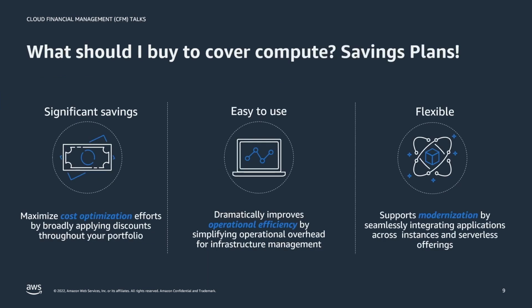So the natural question that I'm sure is going through a lot of folks' minds is, which one do I buy? If you are covering compute specifically, so that's EC2, Fargate, Lambda, we absolutely recommend that you purchase a savings plan. They are a newer, more flexible product, and they were designed with that flexibility in mind based on customer feedback.